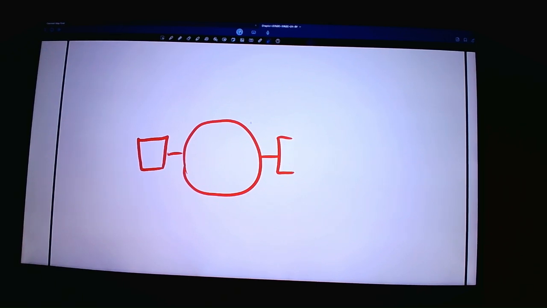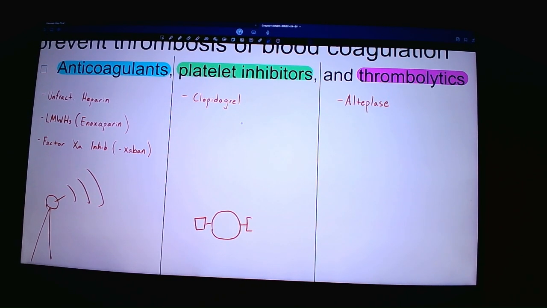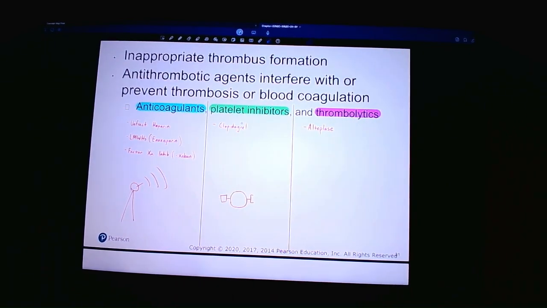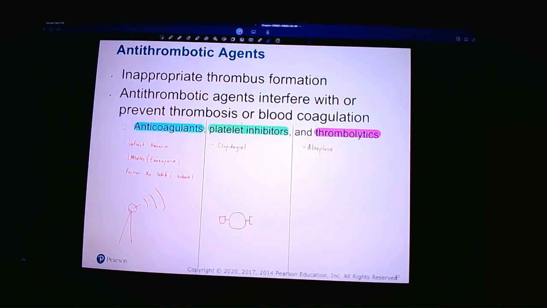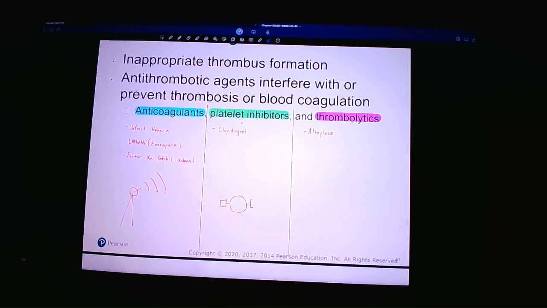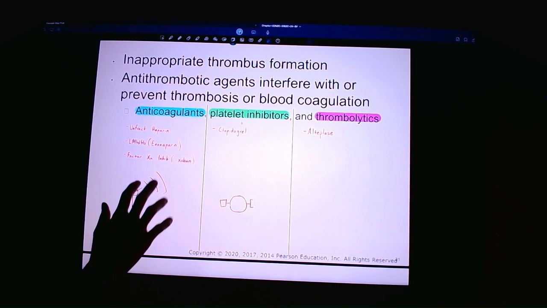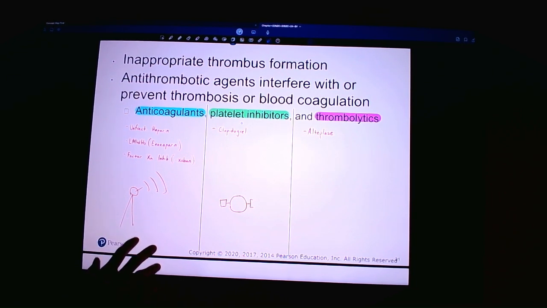An antiplatelet directly affects the platelet. A platelet can live somewhere between, if I recall right, 5 to 7 days. So you're just going to have to wait for the platelet to die basically, and make new platelets that actually have the ability to clot. In comparison, an anticoagulant you can give to a patient, and they can take it.